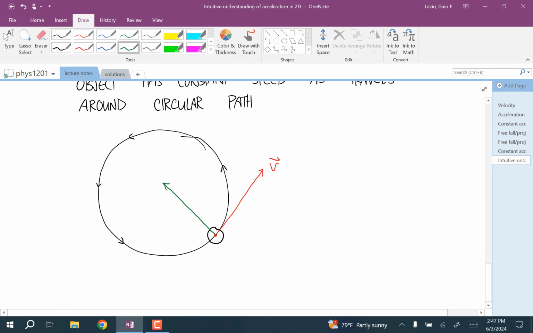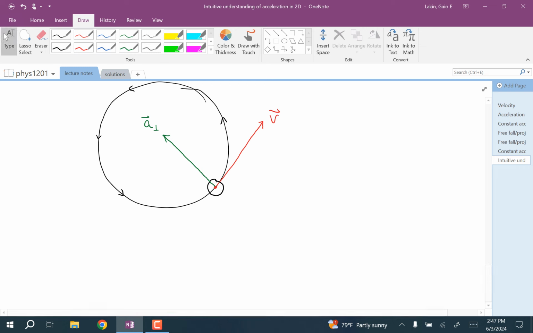And remember, those two have to be 90 degrees from each other. So this is your A perpendicular. Well, as always, the total acceleration is the sum of the two parts of the acceleration. This time, this one is 0. And so the total acceleration is toward the center of the circle like this.